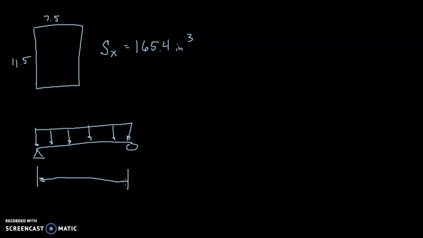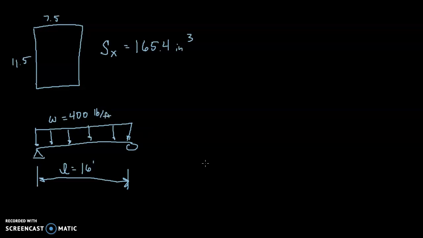So the span length of this beam, L, I'll use a script L because with a printed L it's hard to tell whether it is an L, a 1, or an I. So script L for length equals 16 feet, and the distributed load, little w, is 400 pounds per foot.